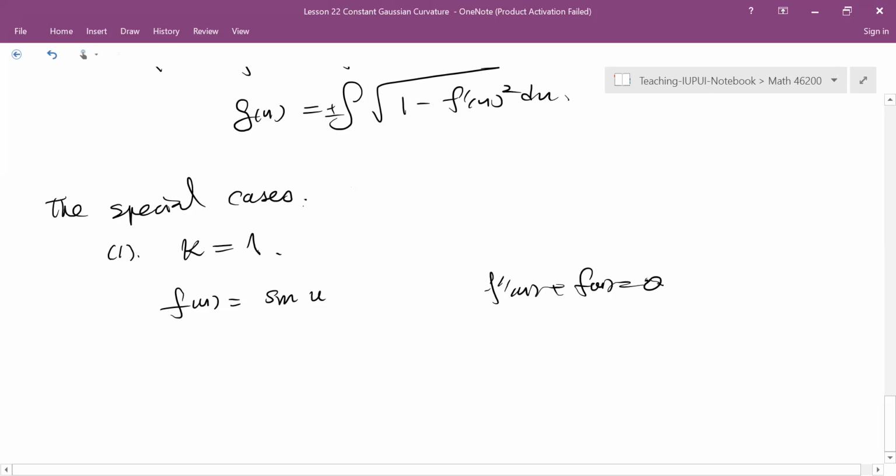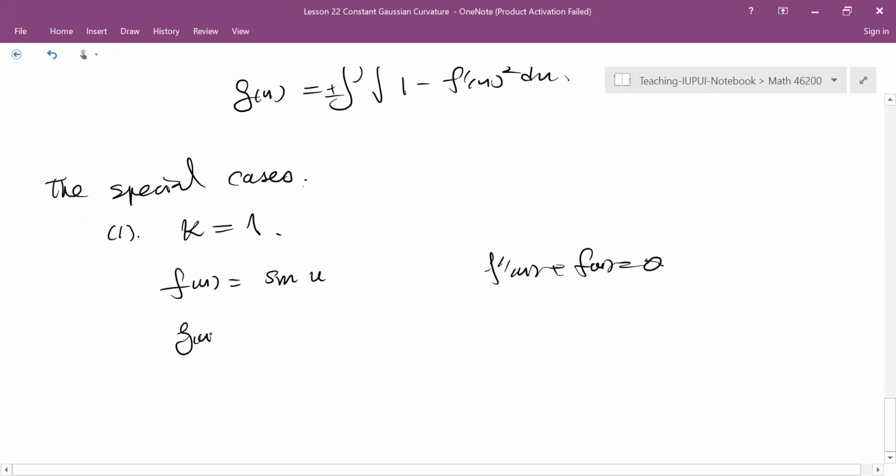When k equals 1, differentiate twice. So g of u is the integral of, you can assume it is cosine u, because then the derivative is going to be 1. So g of u can be assumed just cosine u.